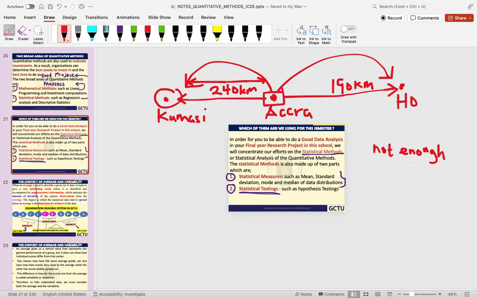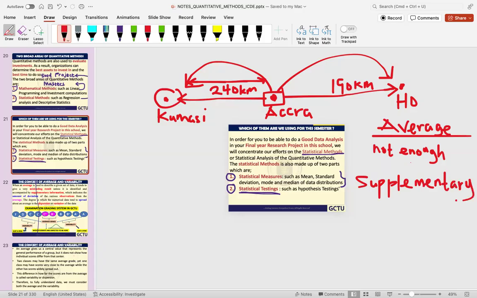So the average alone, like I keep repeating, is not enough as an information. We need other supplementary information in addition to the average to be able to complete the understanding of our data. And that supplementary information is what we call the standard deviation.